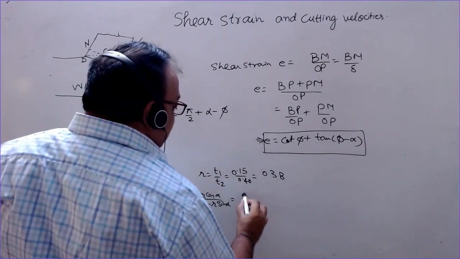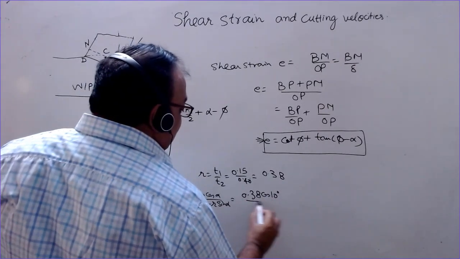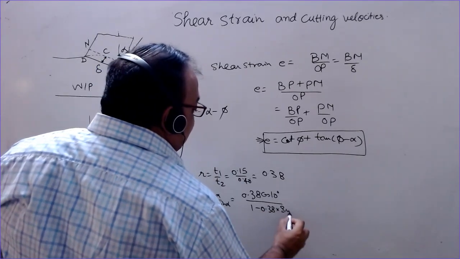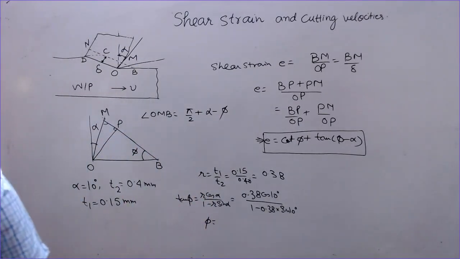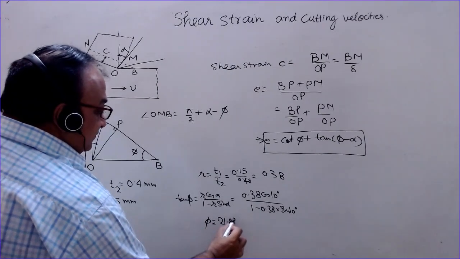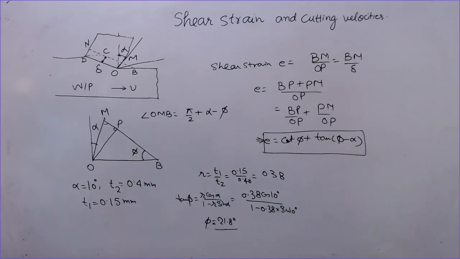So 0.38 cos 10 degrees over 1 minus 0.38 sin 10 degrees. This will give you phi as approximately 21.8 degrees. This is the value of phi, the answer to the first part of the question.